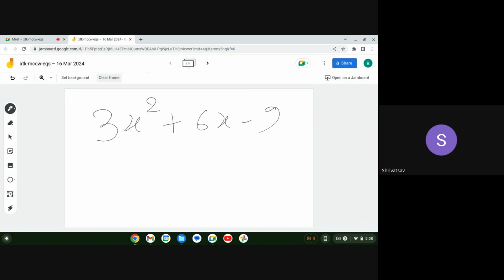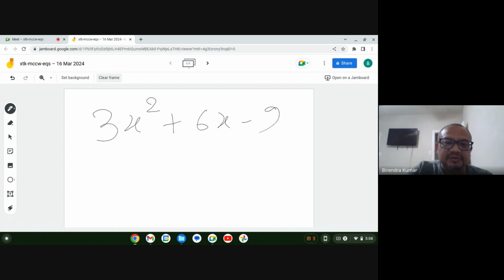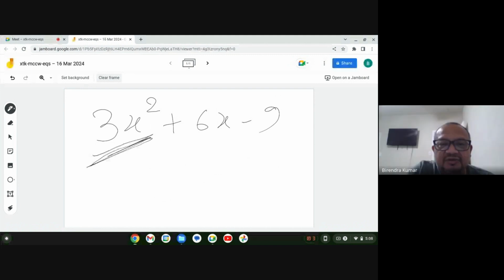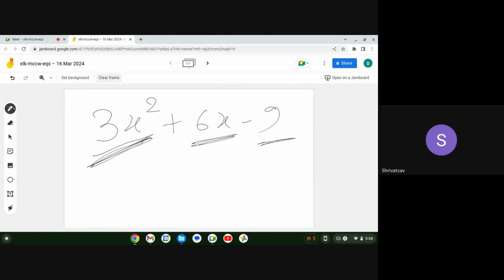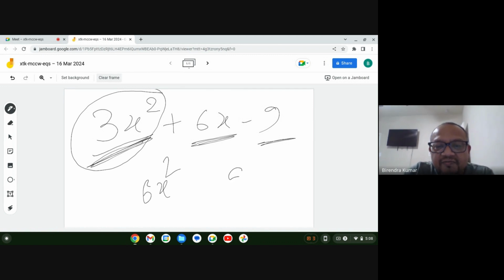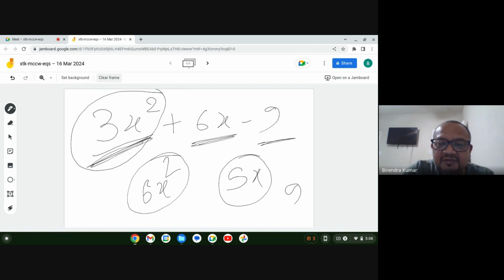So it's called polynomial. Basically, if you look at any equation, this is called one term. This is another term. This is another term. There are three terms here. If there is only one term, let's say 6x squared or 5x or 9, these are individual expressions with only one term.